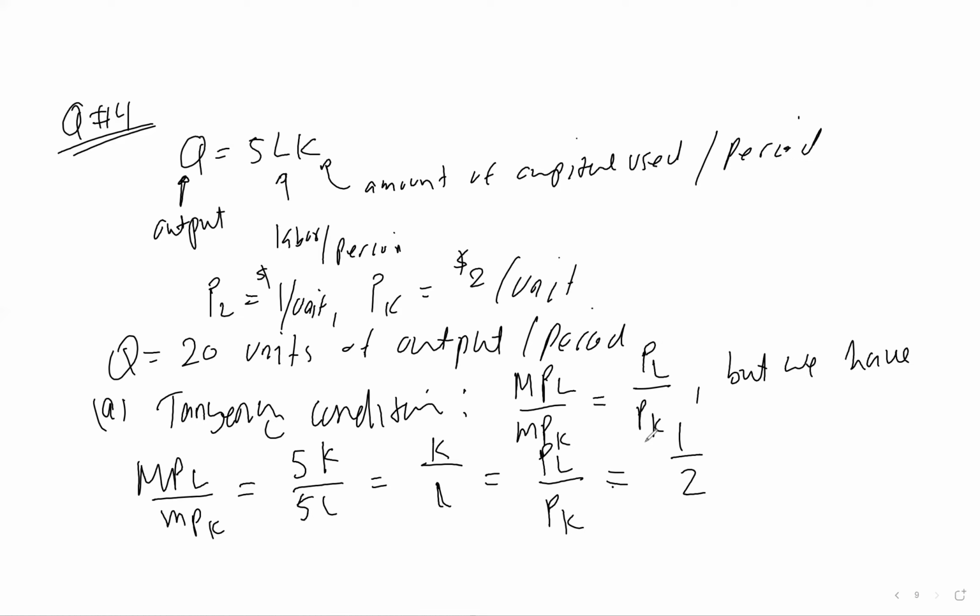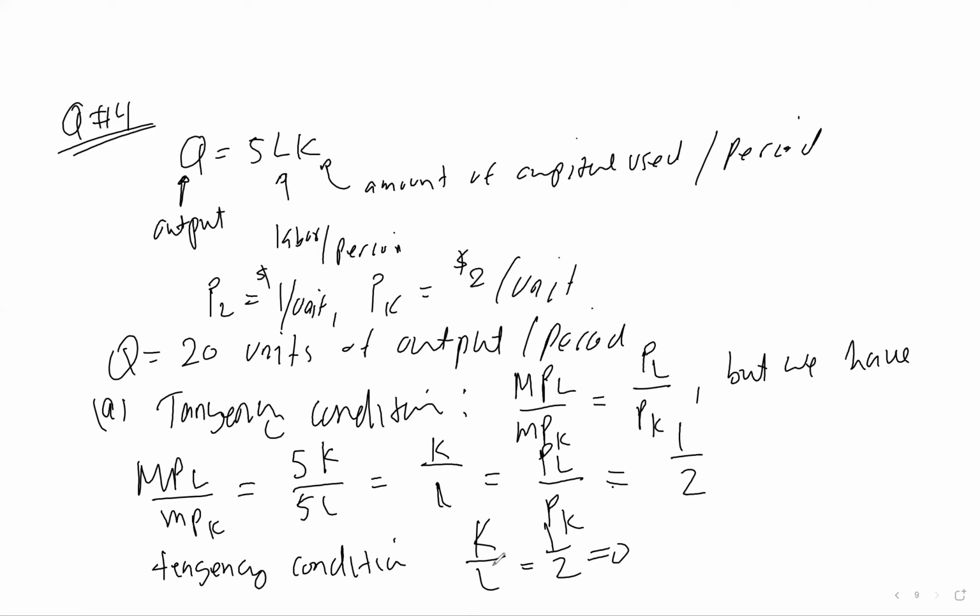So now here we have another tangency condition. The tangency condition is that capital over labor is equal to the price of labor over the price of capital, which is 1/2.